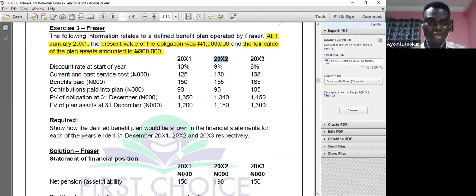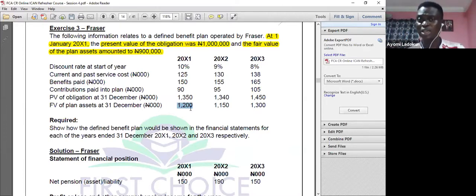So this is the PV, the closing balance in 20x1, and this is the beginning of 20x2. So this is my obligation at the beginning of the year. What's my fair value of plan asset at the beginning of the year? Can you see the plan asset for 20x2? So if you net it off, you have 150. So that means my net deficit or asset at the beginning of 20x2 is 150.